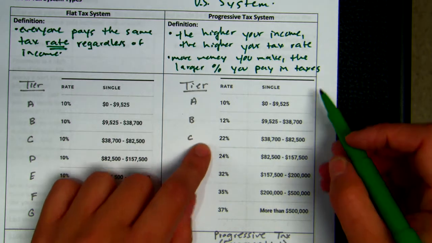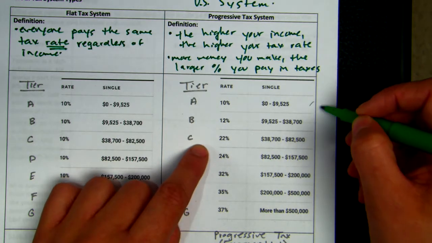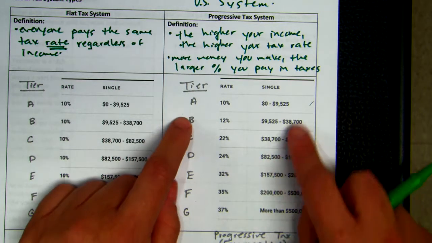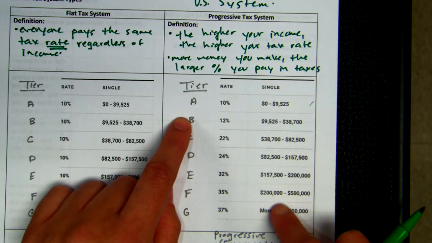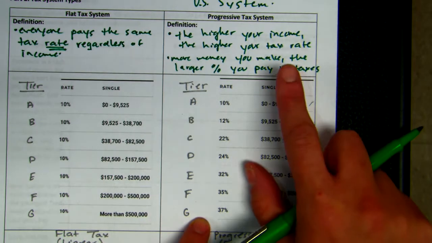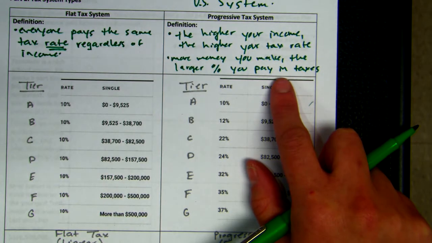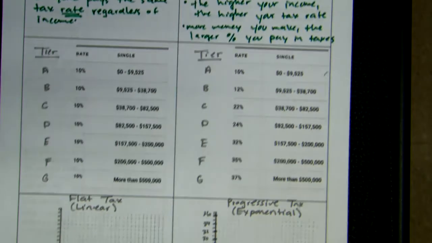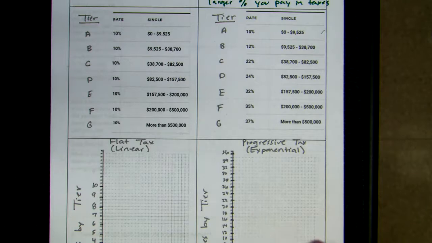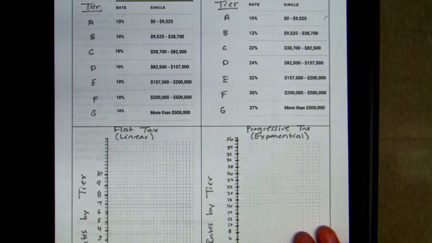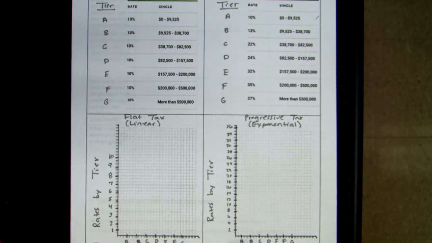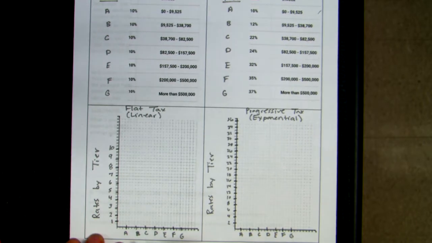As your income increases, your tax rate increases as well. So we're making more money, we're being taxed at a higher rate. That is the progressive tax system. We're going to see where those names come from when we're looking at graphing these rates. On the graphs here, on the x-axis, you have the tiers.